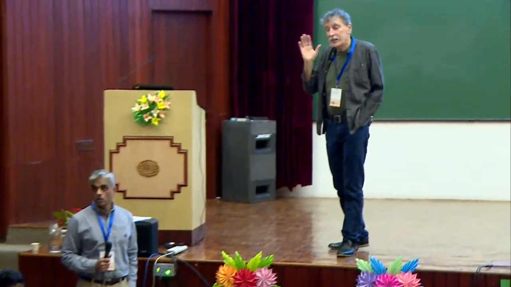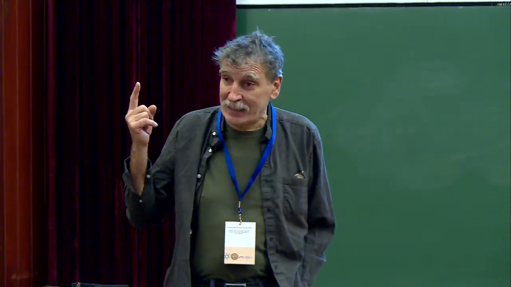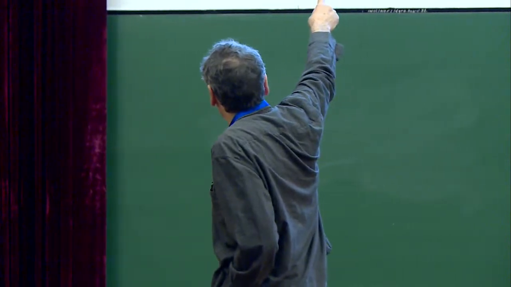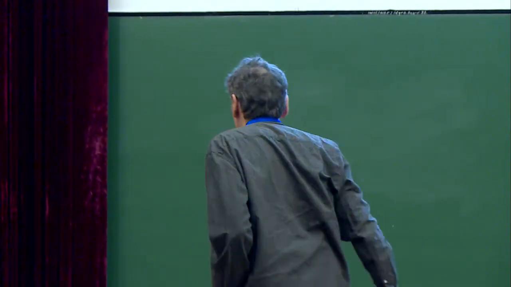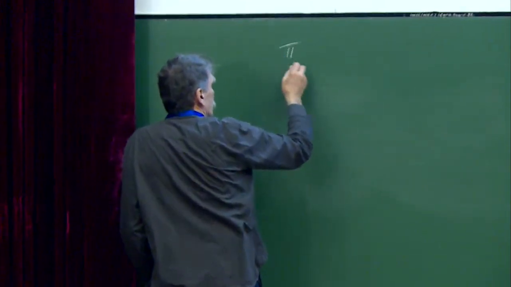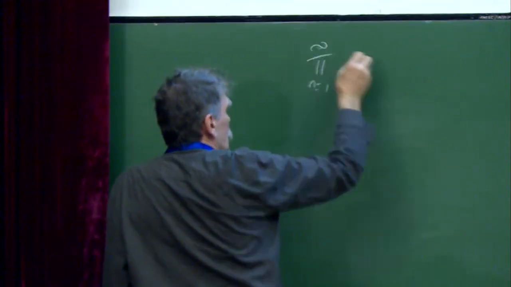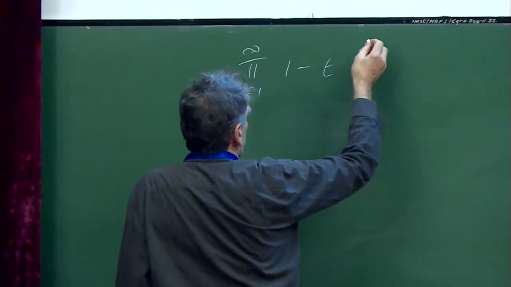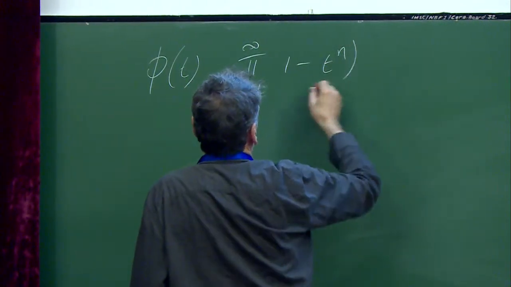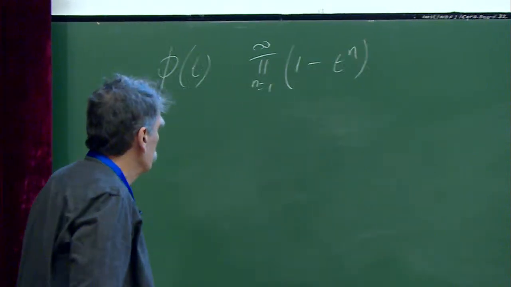It is the generating function, the partition function of the one matrix model, 1 over the partition function, where the variable t is e to the minus beta m, and this is just 1 over phi of d. It's written as a product, phi of t.